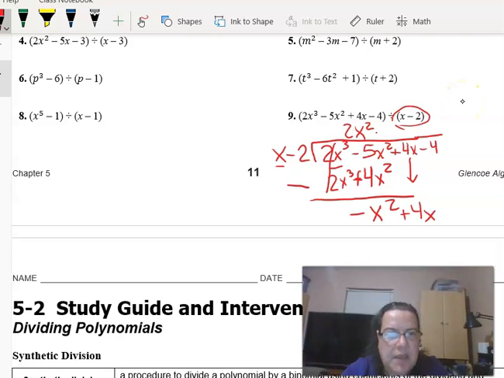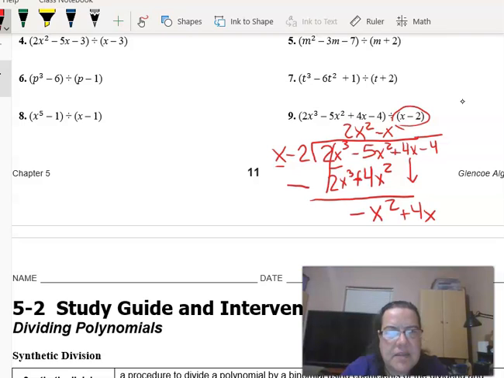So now I need to say, okay, x times what will give me this negative x squared? And so the only thing is a negative x, because negative times positive is negative, and x times x is x squared.